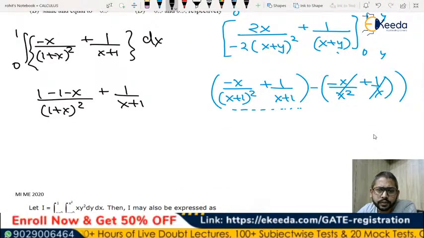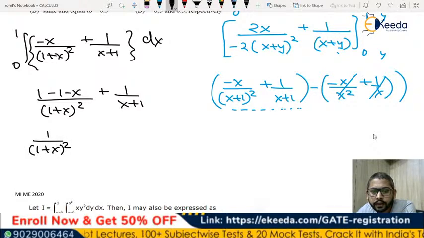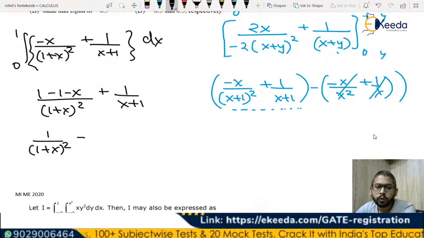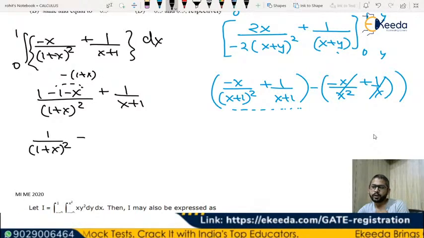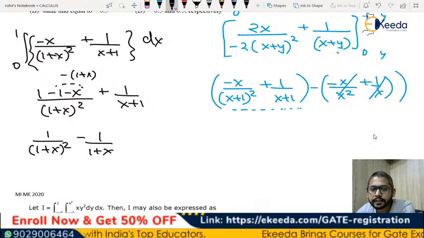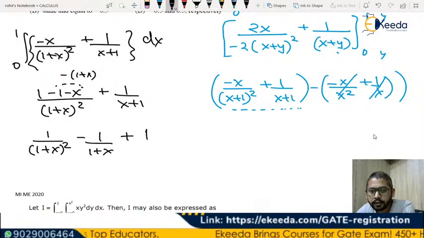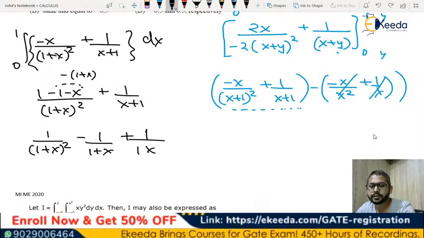And just clarifying the terms, then we can integrate it. So this becomes 1 by 1 plus x square minus, now from these two terms we can take minus common, and it is 1 plus x. So from numerator and denominator 1 plus x gets cancelled, and you will be left with 1 plus x simply, and you have another term as 1 plus x, right? So you have two terms as 1 plus x.